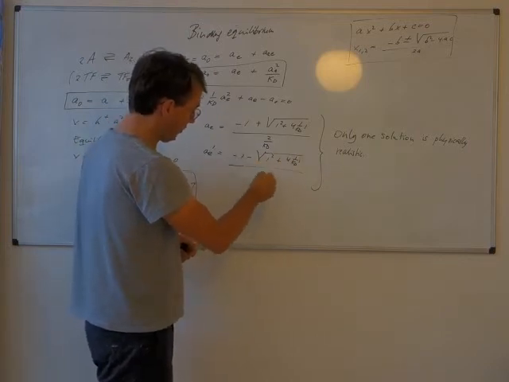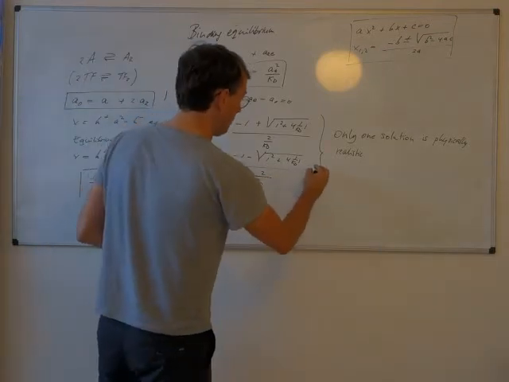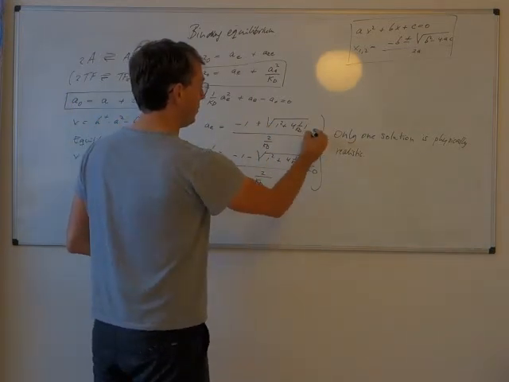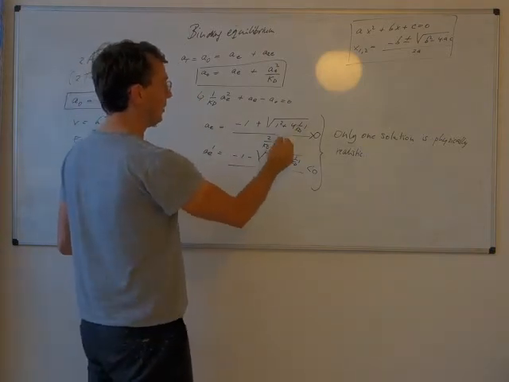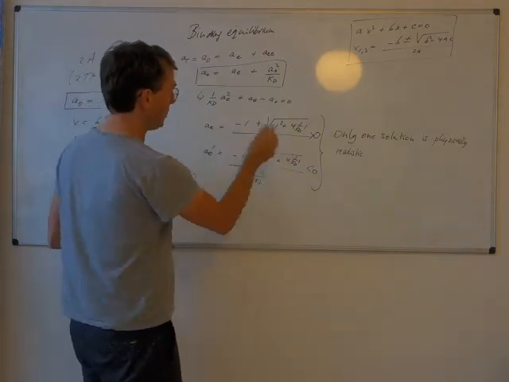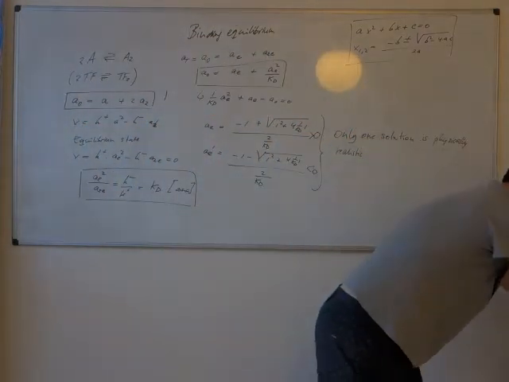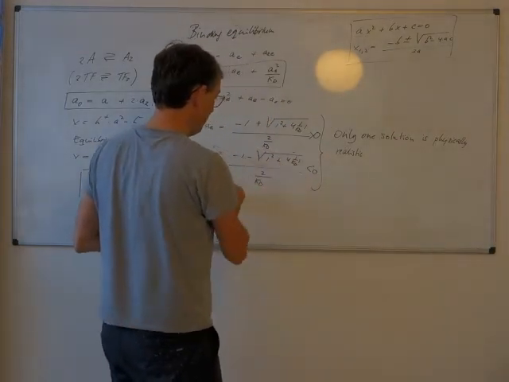And this is positive because Kd always has a positive value. So this solution is going to be smaller than 0. And this one, since you add something, it's going to be greater than 0. And in fact, this root is always greater than 1, so it's always going to be bigger than 0. So this solution, this one is not physically realistic.